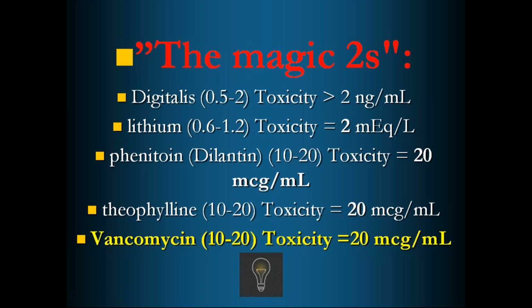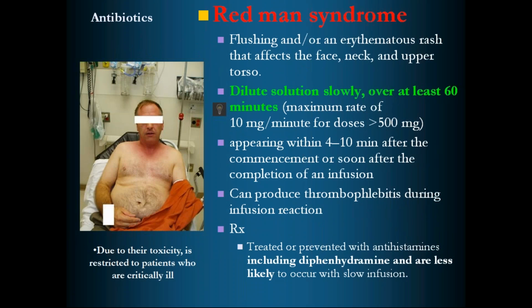And the other thing is red man syndrome, or red neck syndrome, as sometimes they call it. What it can produce is a thrombophlebitis. If the vancomycin is infused very fast, it is going to literally burn the vessel, and it is going to collapse.